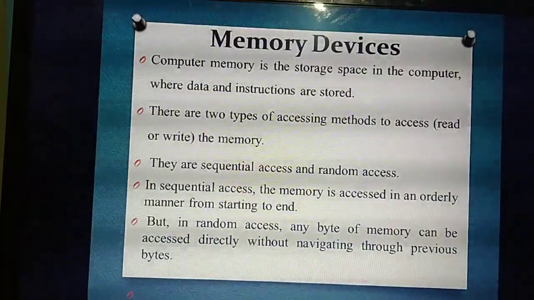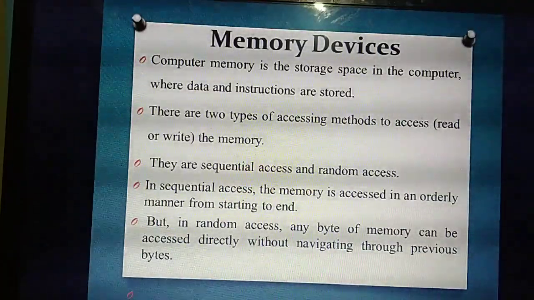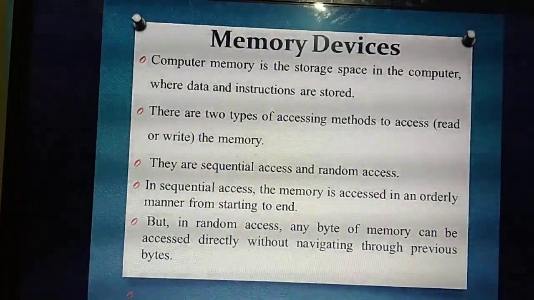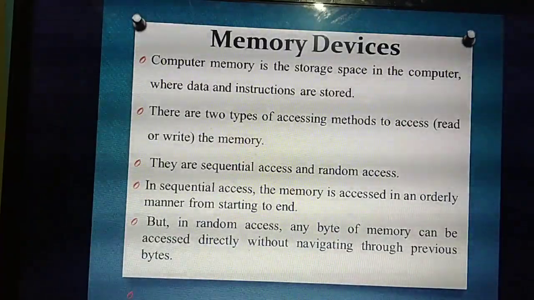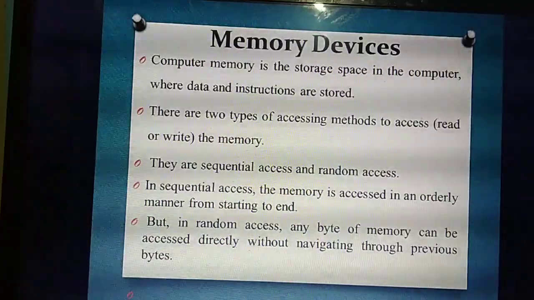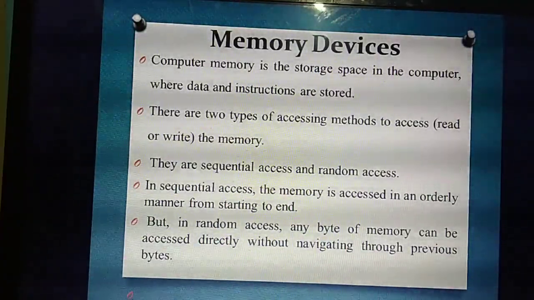What's the use of memory? Memory is the part of the human brain, isn't it? You need to store all the information in memory. Likewise, computer memory is the storage space for the computer. In that space we store the data and instructions.